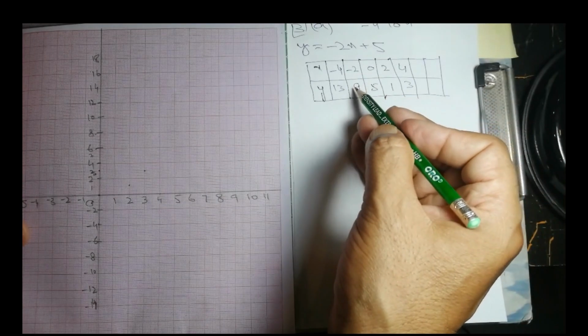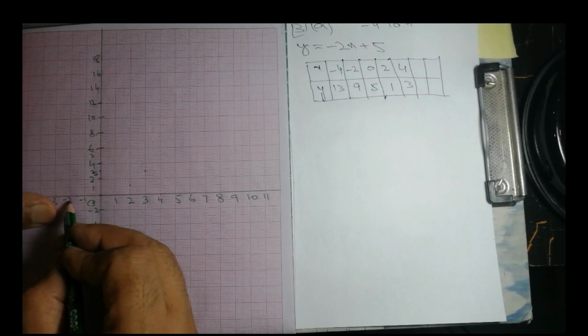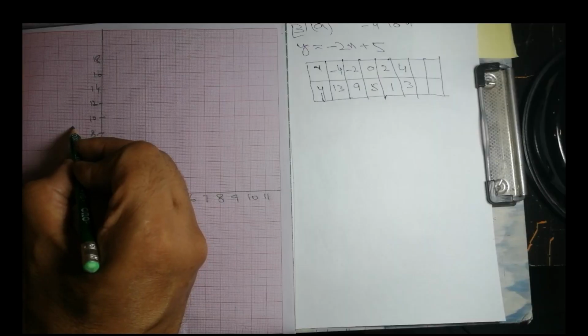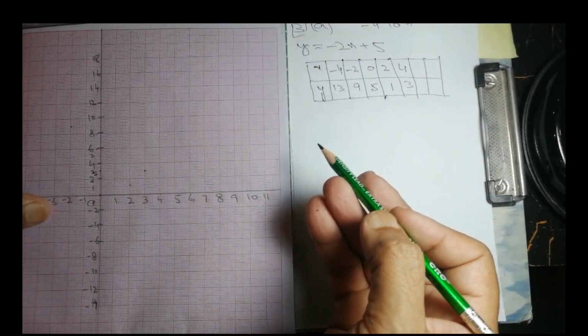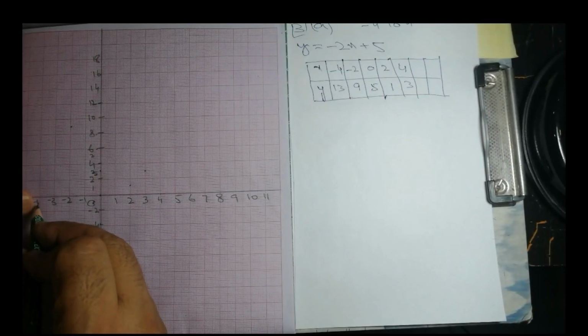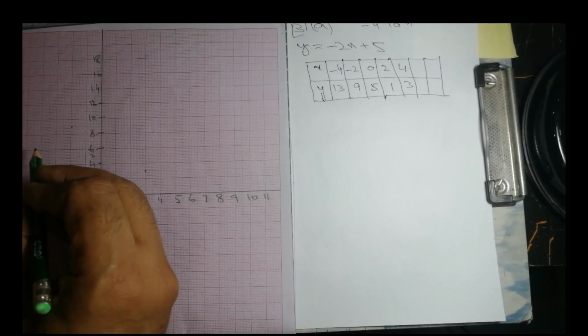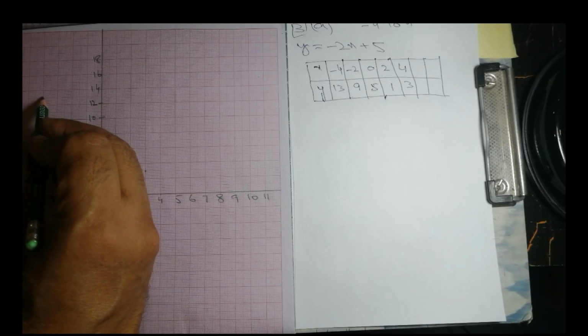And (-2, 9): x is -2 and y is +9. So positive 9 is here on this point, and then (-4, 13). This is x minus 4, and 13 is in the middle of 12 and 14.